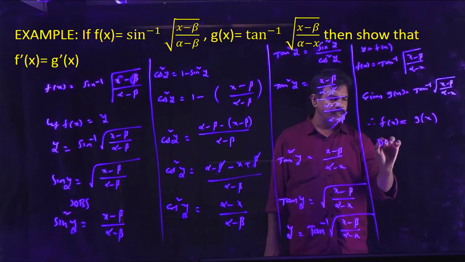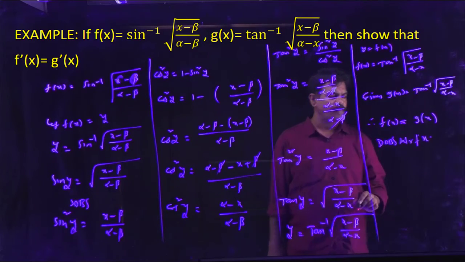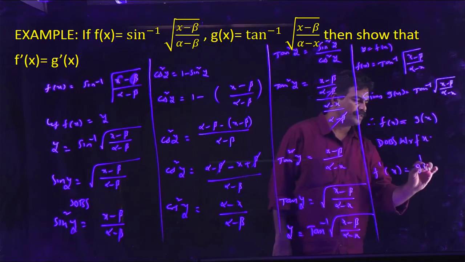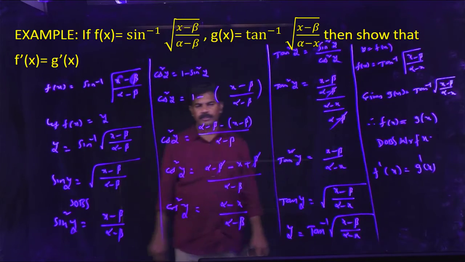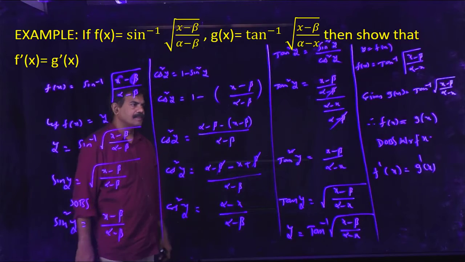Now differentiating on both sides with respect to x, f dash x is equal to g dash x. So this is the procedure to find f dash x and g dash x.